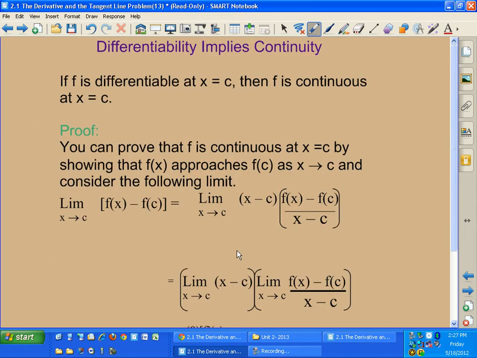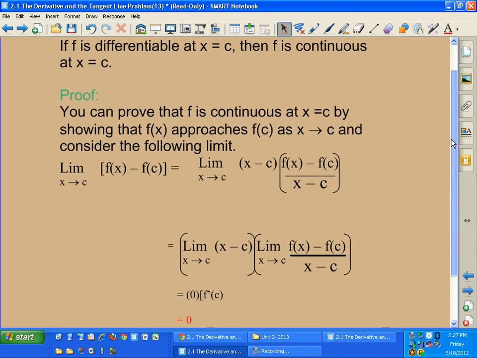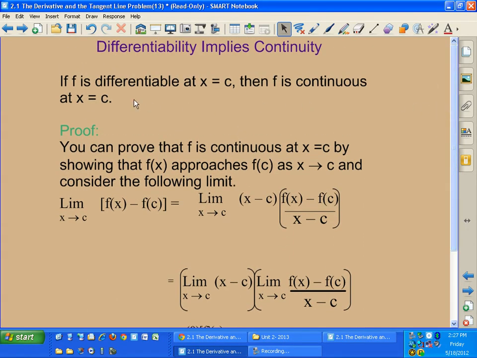But basically what they're saying is, if f is differentiable at x equals c, then f is continuous at x equals c. So if you can differentiate a function at any particular point, so if you can find the limit as it approaches a value at the particular point, then the function is continuous.